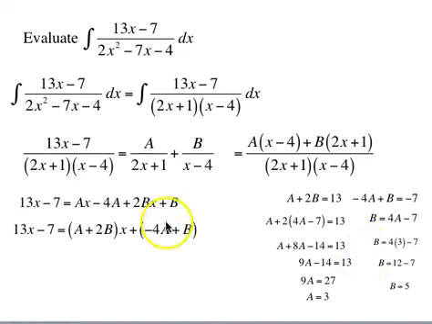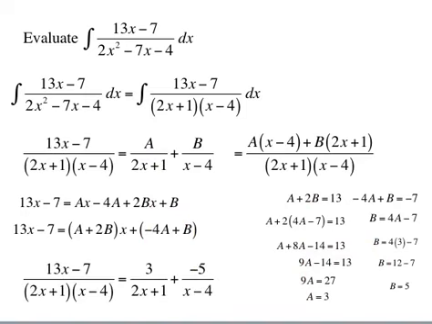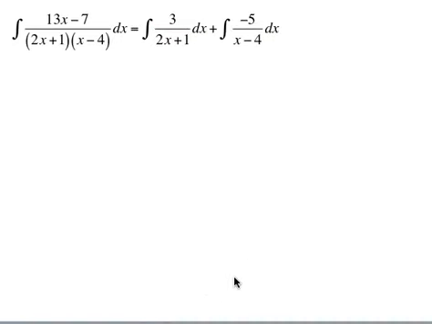So having A and B, rewriting our original question, we get this. So to integrate 13x minus 7 over 2x squared minus 7x minus 4, we will integrate 3 over 2x plus 1 plus negative 5 over x minus 4.